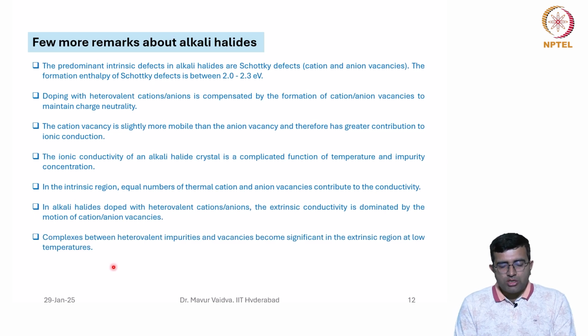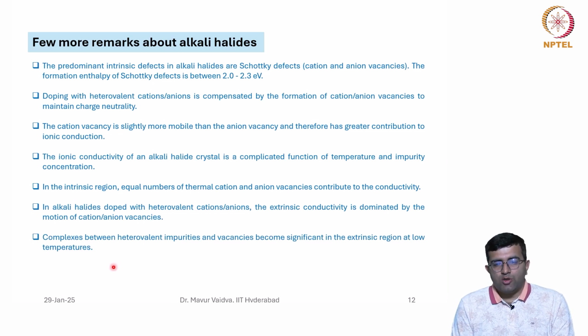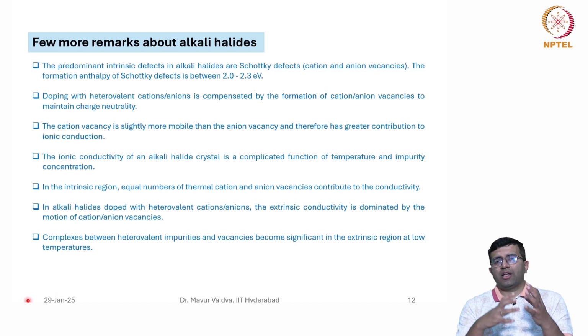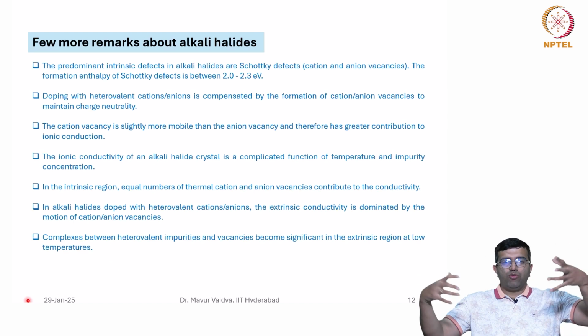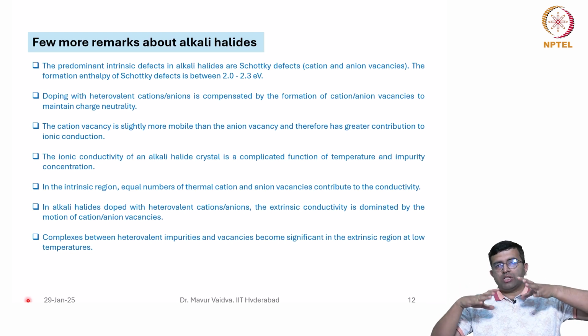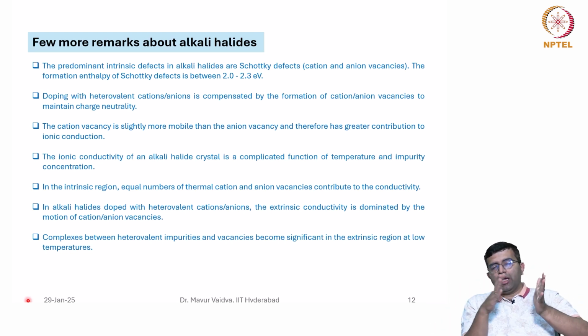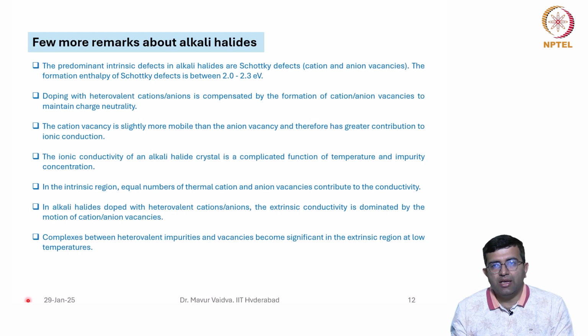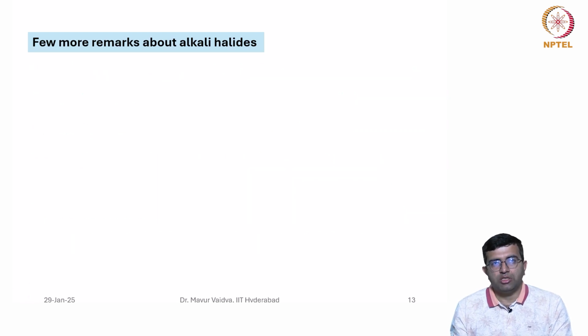Then it is possible that the complexes between the heterovalent impurities and the vacancies become significant, particularly at the lower temperatures. Why at lower temperatures? Because at higher temperatures they may move freely, whereas at lower temperatures the movement is restricted, so they have more propensity to form these complexes than at the higher temperatures.